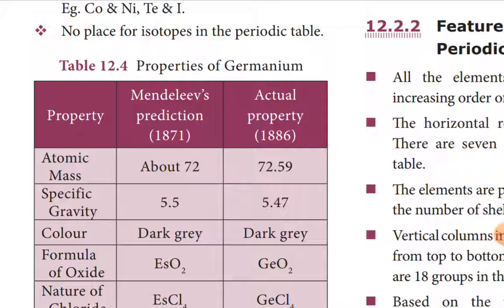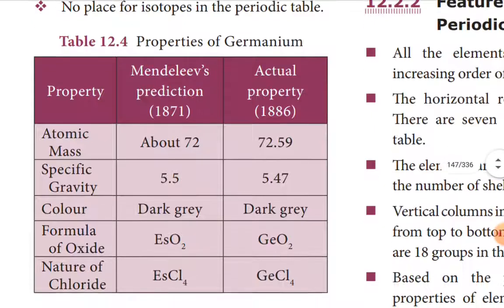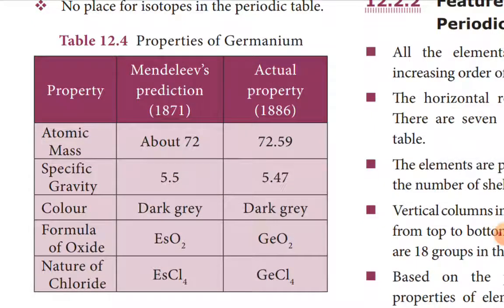And Table 12.4 illustrates how the properties of germanium coincide with Mendeleev's predictions. Mendeleev predicted an atomic mass of 72; it is actually nearly 72.5. Specific gravity 5.5; actual 5.47, which is about 5.5.